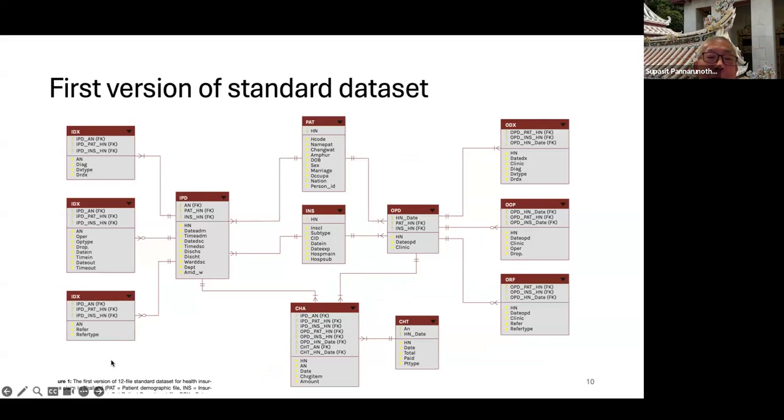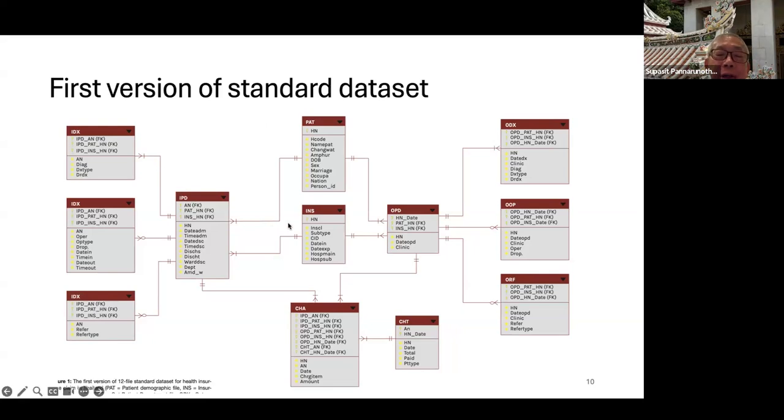This slide shows the schematic of the standard data set that we thought of 30 years ago when we started exploring universal coverage and started to think about the information for DRG, which is the main method for payment for inpatient care.